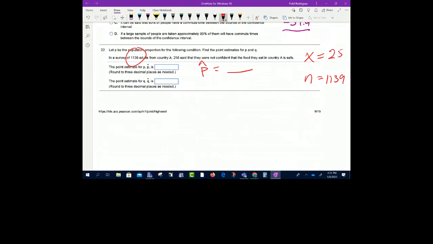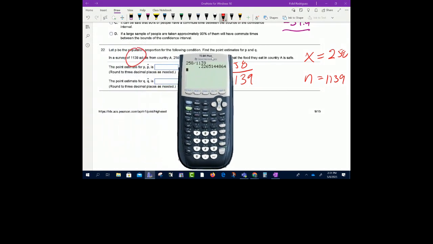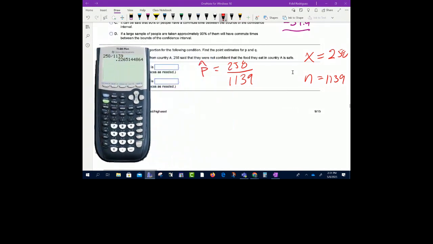There was, what, 258 of them? So my p hat, y'all, is going to be 258 divided by 1139, right? So y'all, I'm just going to grab my calculator and I'm going to say 258 divided by 1139. And y'all, they are asking me to go to 3 decimal places. So I guess here, y'all, I would say 0.227.